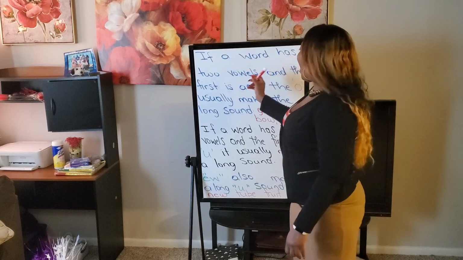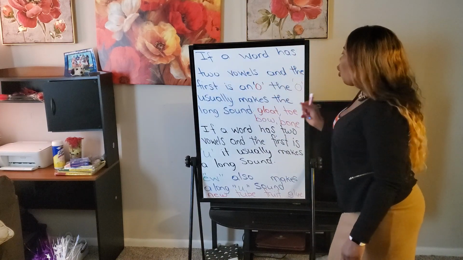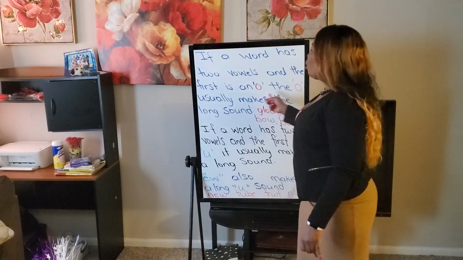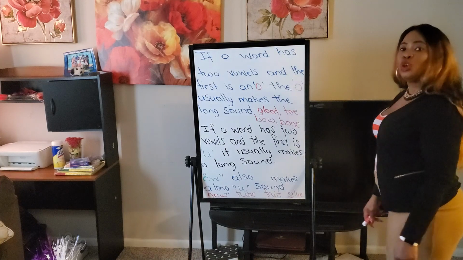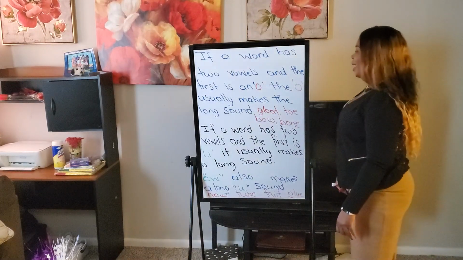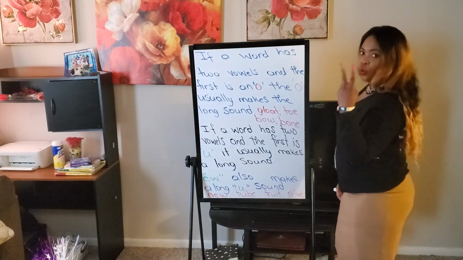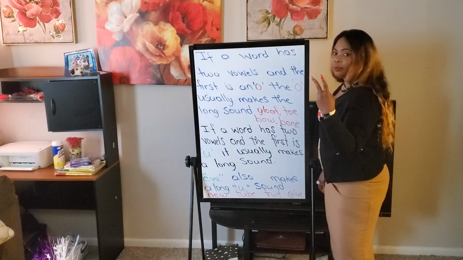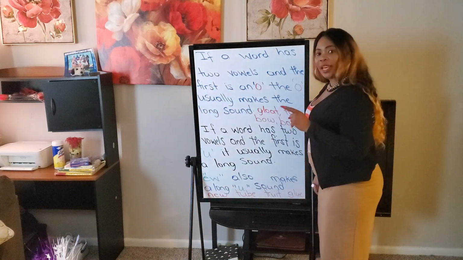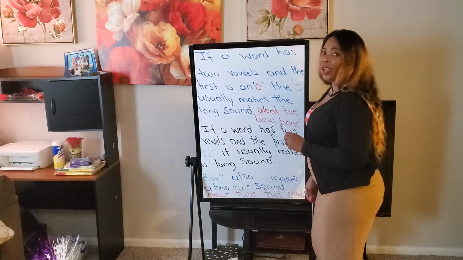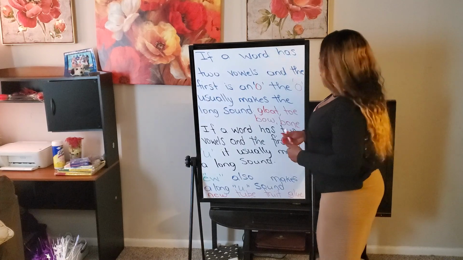If a word has two vowels and the first is an O, the O usually, remember that nice keyword, usually makes the long sound. Got it? So two vowels in the word, similar to the other rules, and the first one is an O. Then it's going to give you the long O sound. Let's look at these.